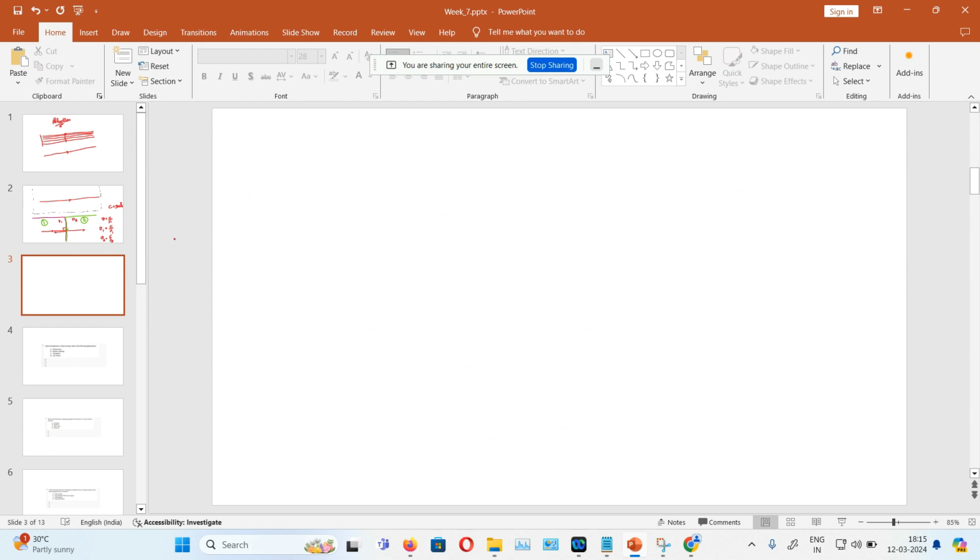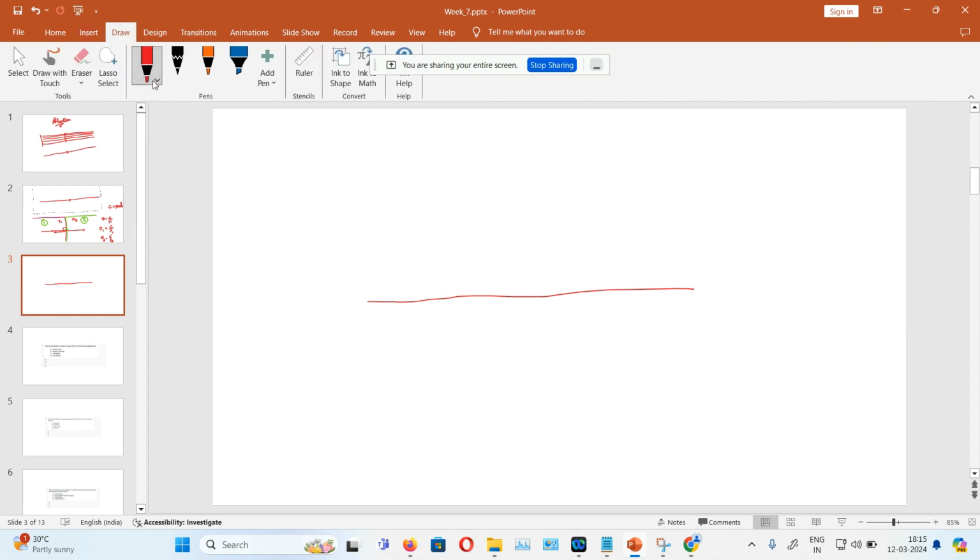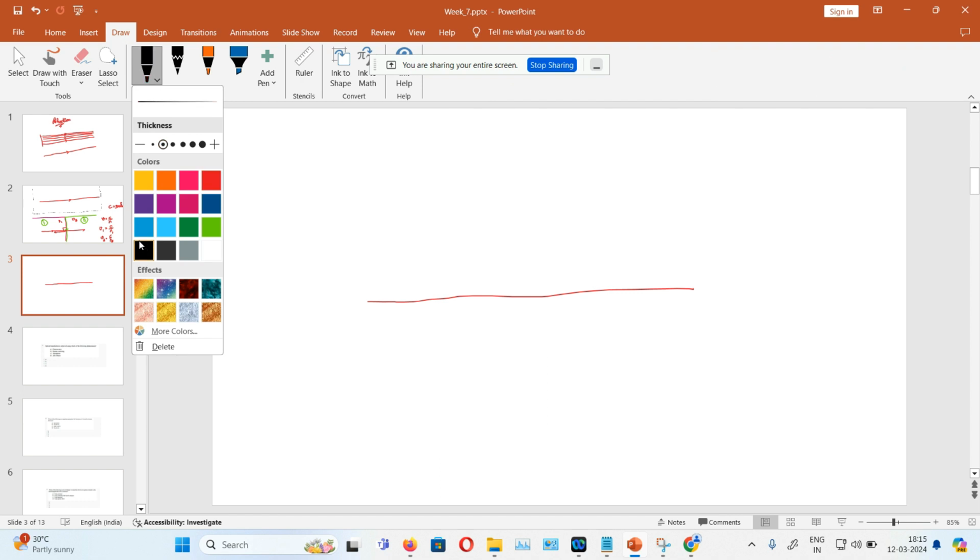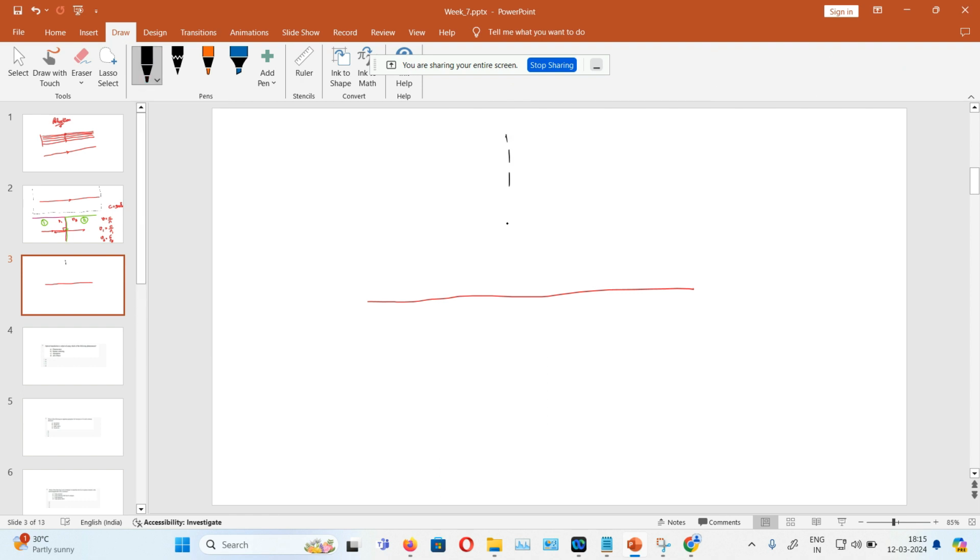So what happens when light is getting incident at a particular angle to the interface? This is the interface, and to understand our concept about the normal, I think we will draw a normal to the interface, and all the measurements we will take from the normal.